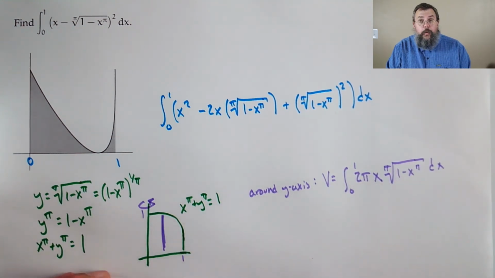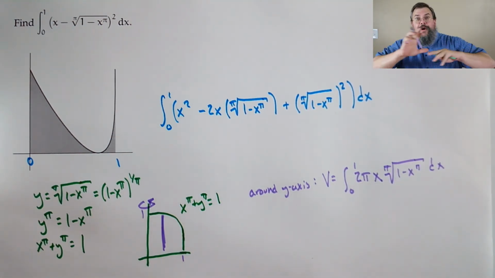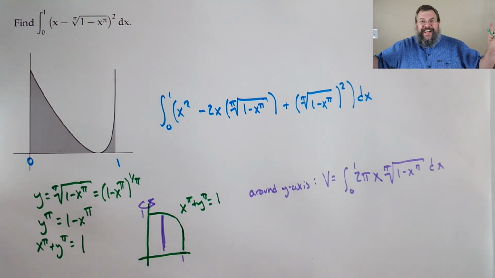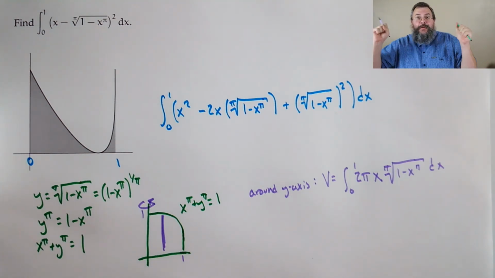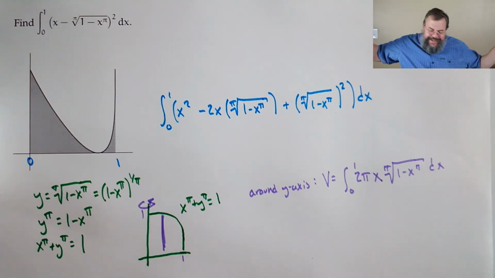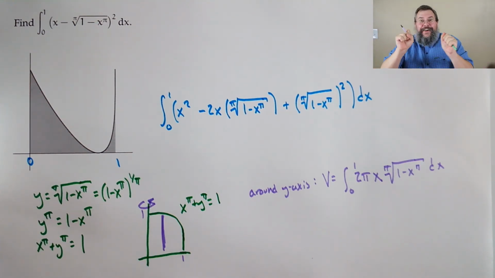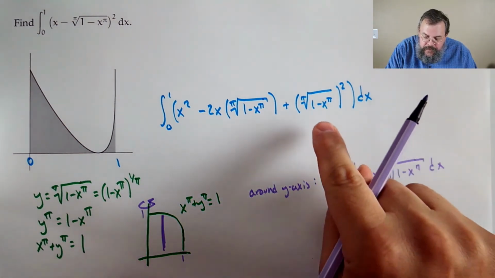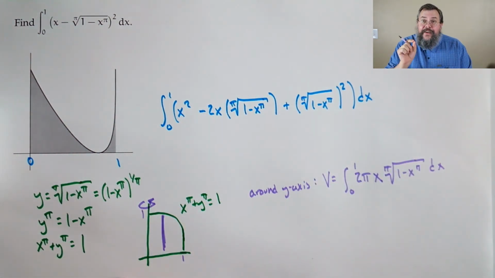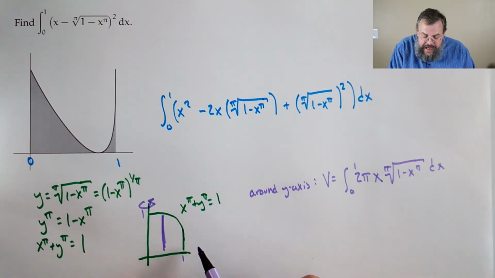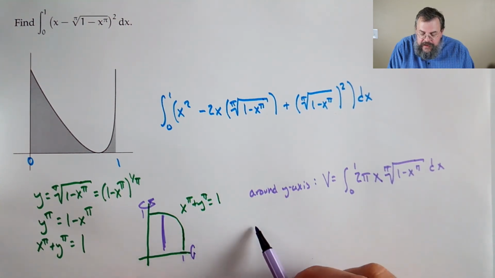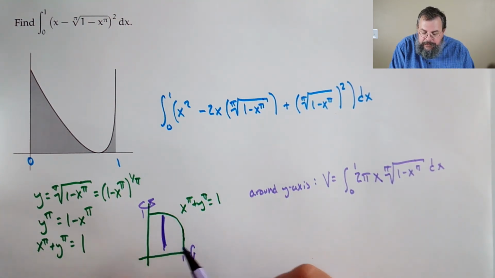Now, we do not know what that volume is, and we are not going to compute it. You're probably thinking, ooh, we're going to find the volume. No, we're not going to. Okay, hold on. This is where it gets good. Now, function squared, that feels like disk method. So that would be if we went around the x-axis. But again, still the same function.